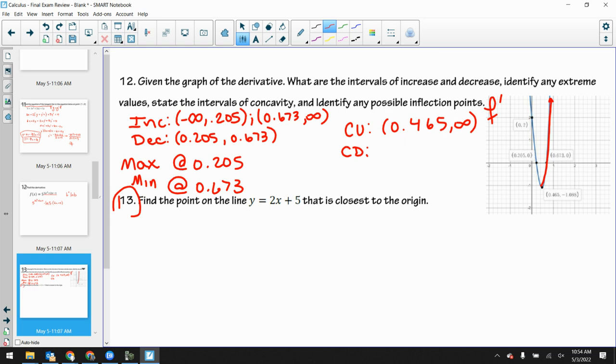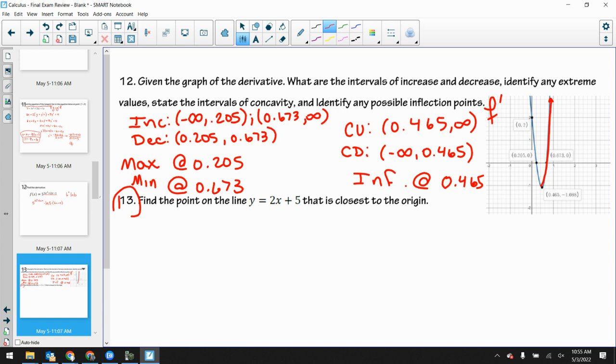So, because the slope of this is the f double prime, right? The slope of f prime is f double prime. So if the slope is positive, that means f double prime is going to be increasing. If slope is negative, that's f double prime is decreasing. If it's positive, then it's concave up. If it's negative, then it's concave down. So from negative infinity until that 0.465, which means that there is an inflection at 0.465. You look at the extreme value of f prime to find where you could have an inflection.